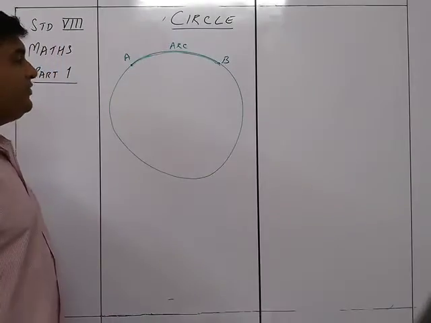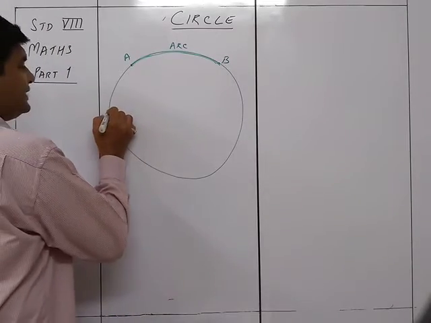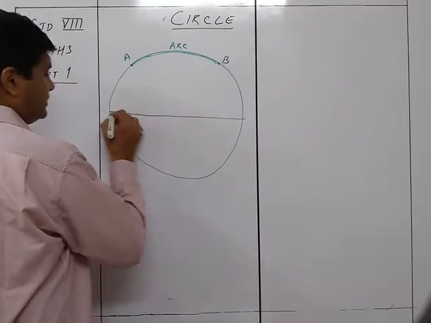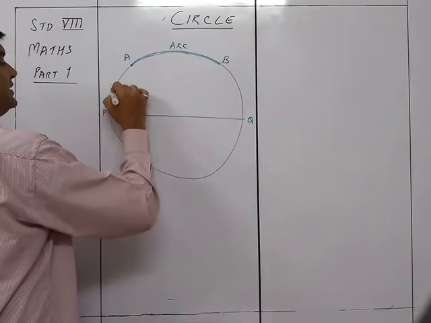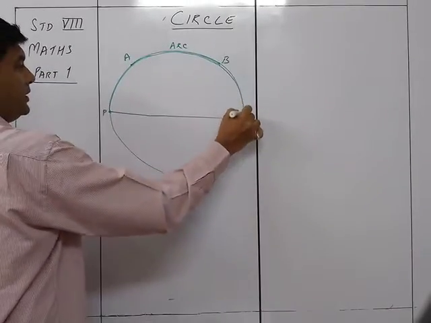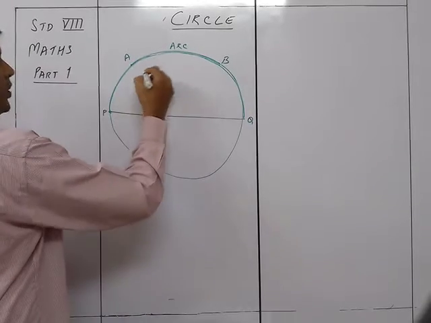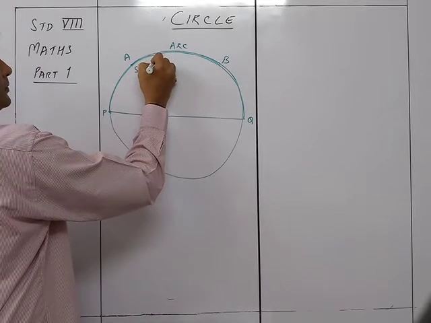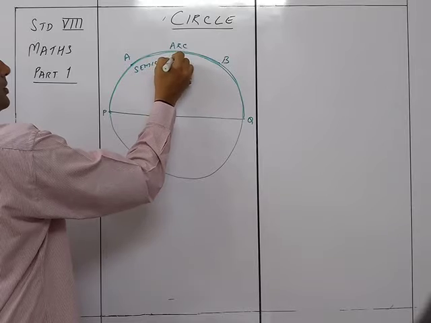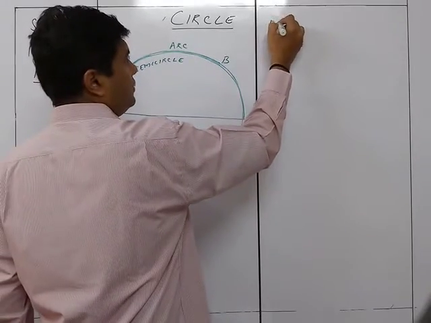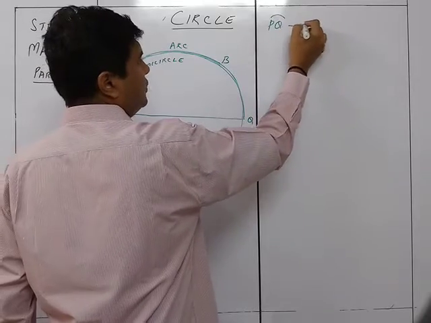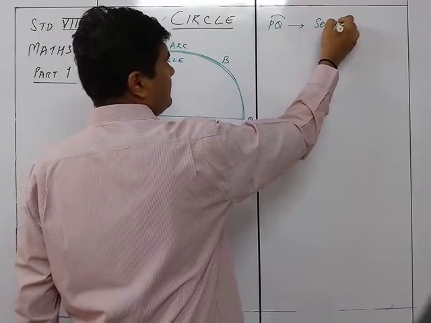And if this arc is formed by the diameter, so if this is the diameter PQ, then this complete arc will be called a semicircle. So first, the PQ arc is going to form a semicircle.